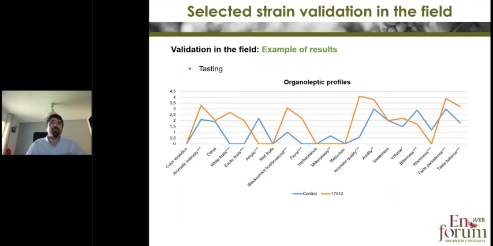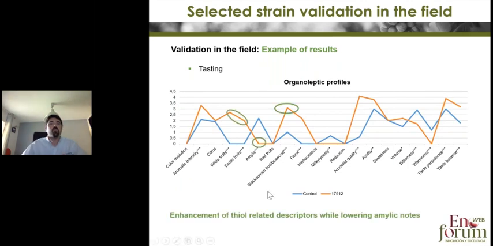So on average, a faster and clean fermentation profile. In terms of organoleptic profile on this yeast, it was really interesting that compared to the control, what we saw from the aromatic compounds is really illustrated here. We had more white fruits, exotic fruits, but no amylic notes, and higher blackcurrant, but also boxwood, so green flavors, in the case of the 17-9-12.